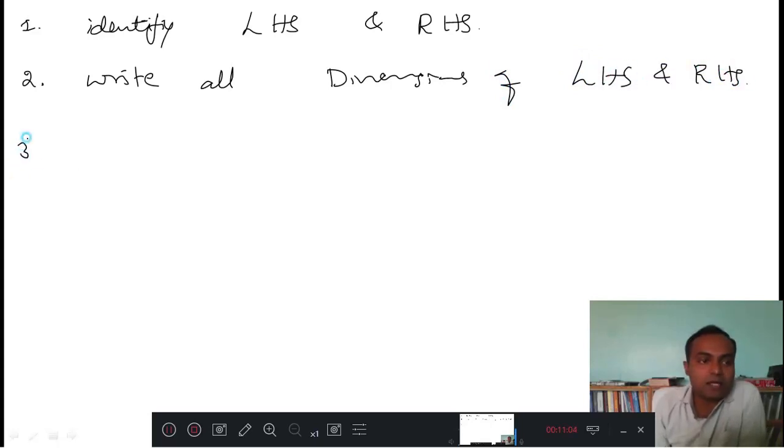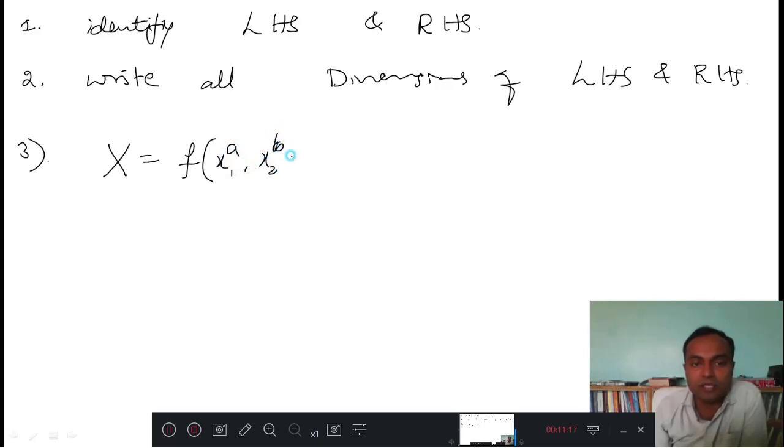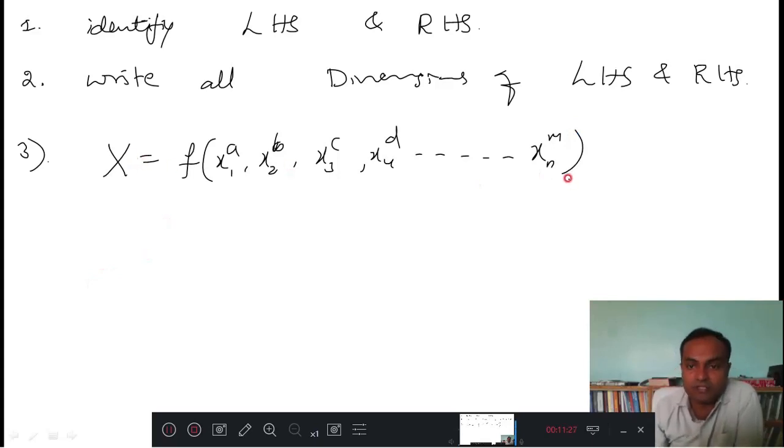The third point is to express LHS and RHS in this format, that is x equal to f of x1 power a, x2 power b, x3 power c, x4 power d, up to xn power m, whatever it is. Like that you need to express them.